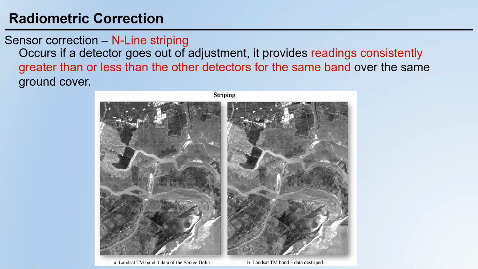The result is that the pixels detected by these sensors always have relatively higher values than they should have. So you can use your eyes to see that obviously there are some lines here that are brighter than their neighbors.